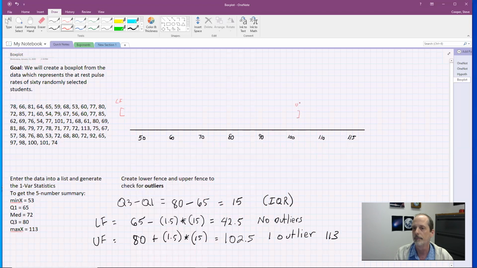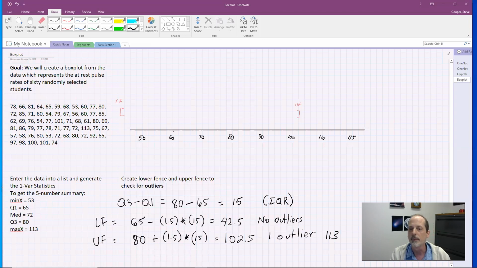Okay, now the reason I put them in red is because the fences are not part of the box plot and we want to erase them when we're done. All right, so the important parts are going to be Q3, the median, and Q1. So let's mark these with vertical lines. So Q1 at 65.